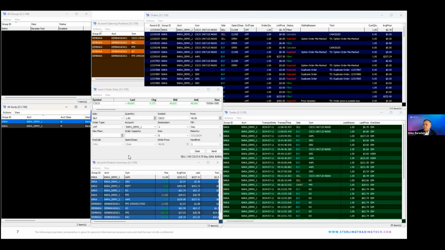So if I had a liquid security, let's say Apple is obviously very liquid. This is a demo platform, but it does have real-time prices. Just to make the demo more realistic, the orders should get filled at certain prices. So let's say the bid ask is $227.34 to 35 cents or something.